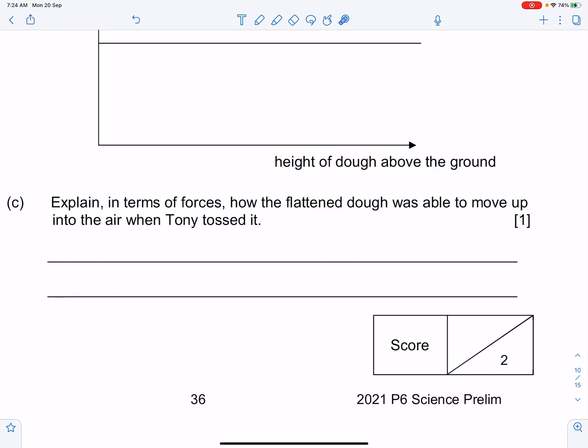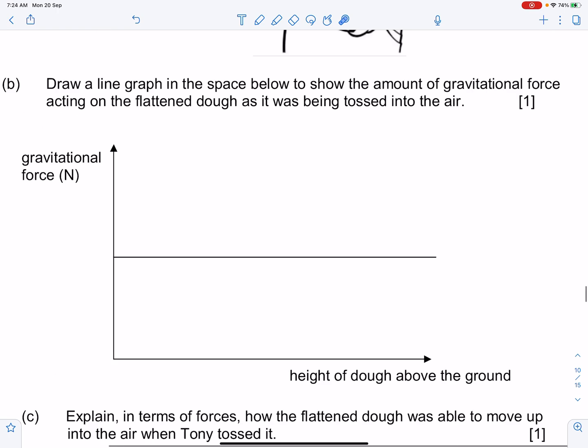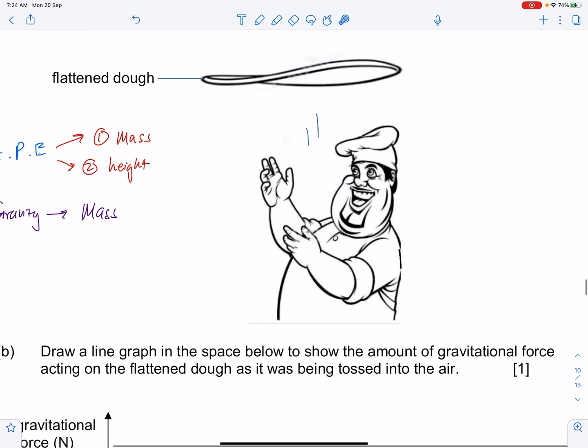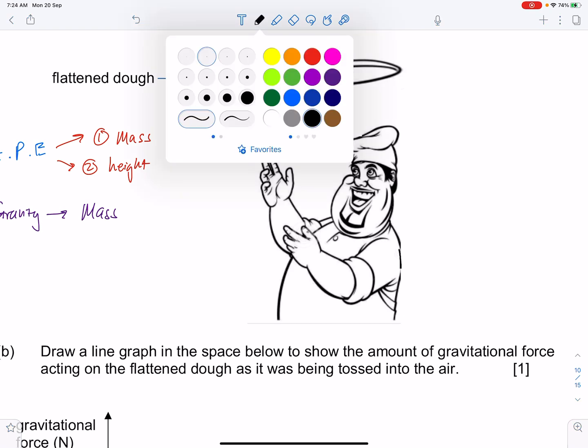Okay, next part, explain in terms of forces how the flattened dough was able to move up into the air when Tony tossed it. So this is actually a forces conversion kind of question. In order for it to get up into the air, you have to identify what are the forces that are in play.